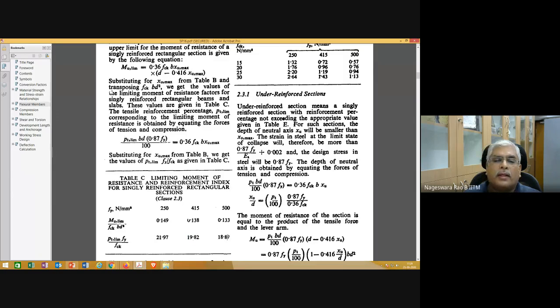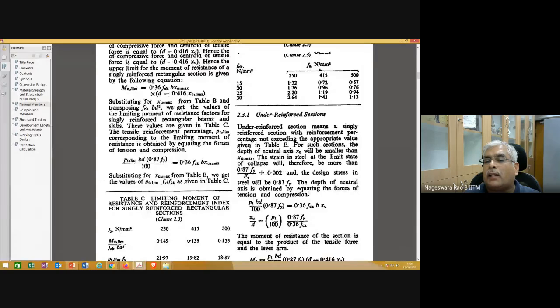So this normalized Mu limit divided by fck b d square, for different types of steel, is given here, and similarly the limiting percentage of steel. And here you can see it is again a function of fy and fck. That quantity is expanded here.